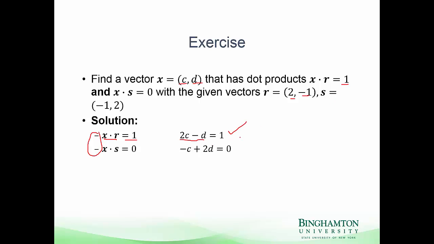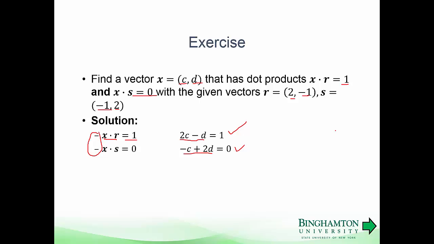So we set that equal to 1. And then do the inner product with S. So we're going to do C times -1 plus D times +2. Add those together. That gives us this left side, and that must be equal to 0. And so we set that equal to 0. So there's 2 equations in 2 unknowns, and we could easily solve those.